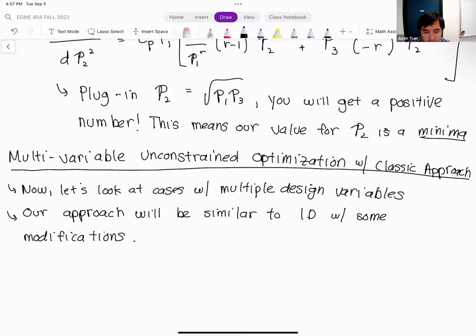Just like in the 1D case, we're going to have 2 criteria or 2 steps that we're going to follow to find the extreme.